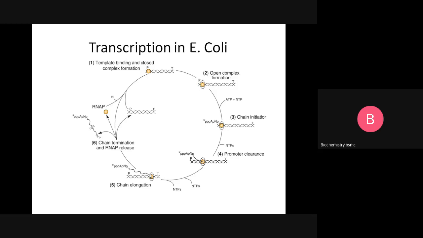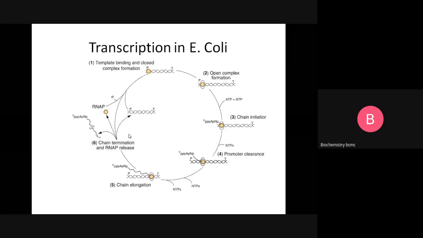Already we have shown that in the last class. So all these subunits coming together form the RNA polymerase in E. coli. And in this E. coli bacteria, the transcription process, as you can see, has several stages.